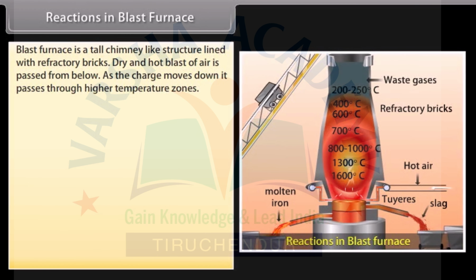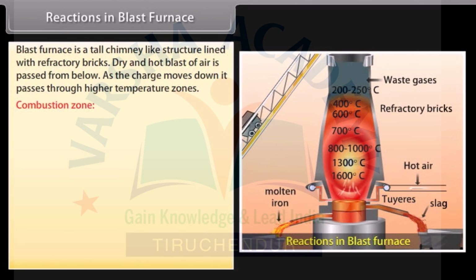The blast furnace is a tall chimney-like structure lined with refractory bricks. A dry and hot blast of air is passed from below. As the charge moves down, it passes through higher temperature zones. On the basis of variations in temperature in the different parts of the blast furnace, there are various zones where different chemical changes take place.